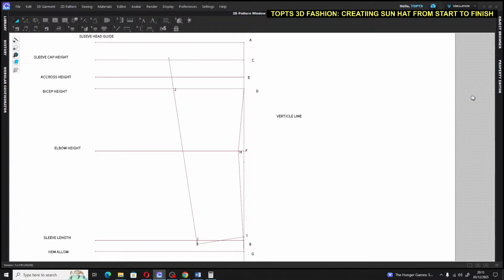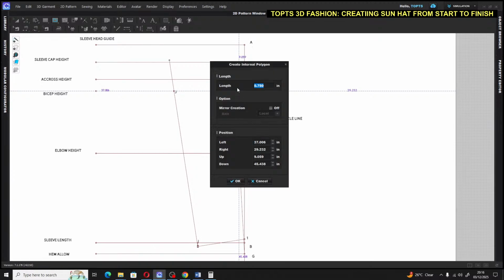So after we have drawn that line, then we are going to step 4. Step 4 is working on the bicep line from D. That means getting the small sleeve. So from D, we are going to mark inwards 0.75 inches for the smaller sleeve.